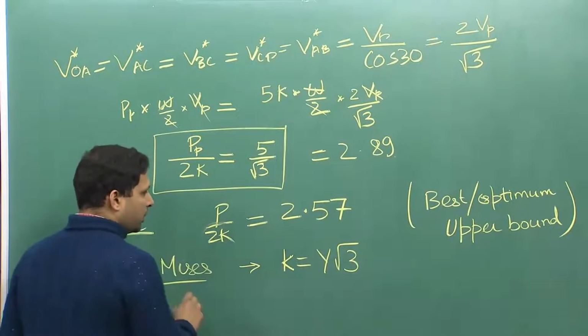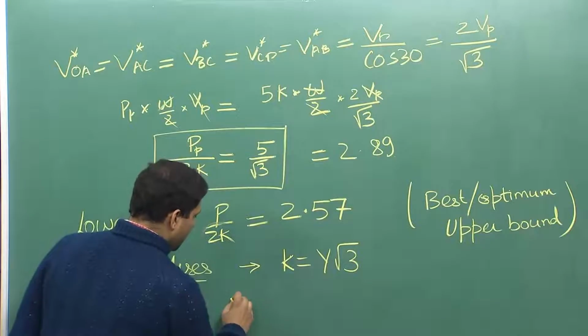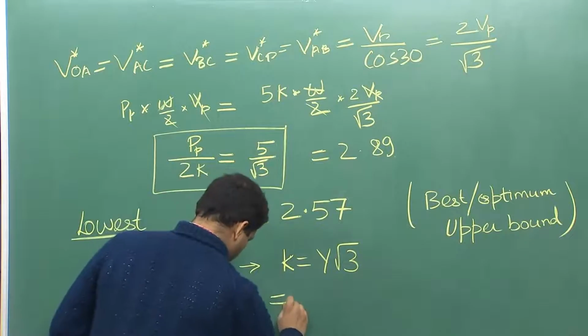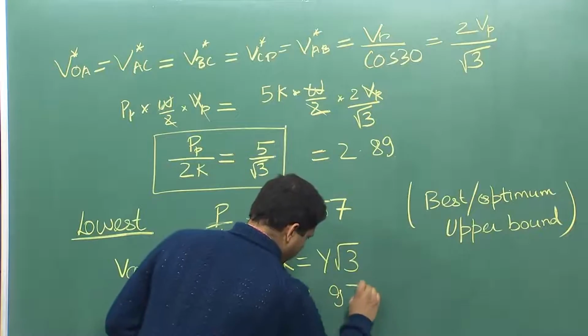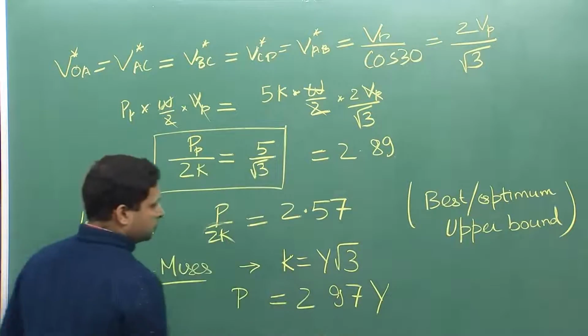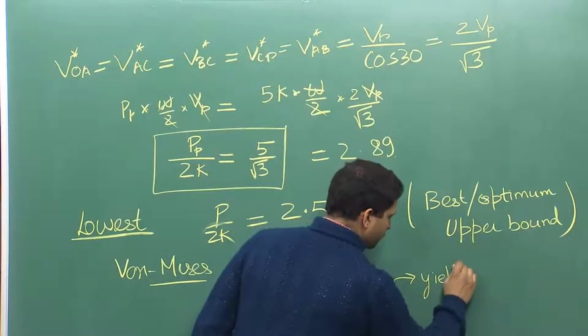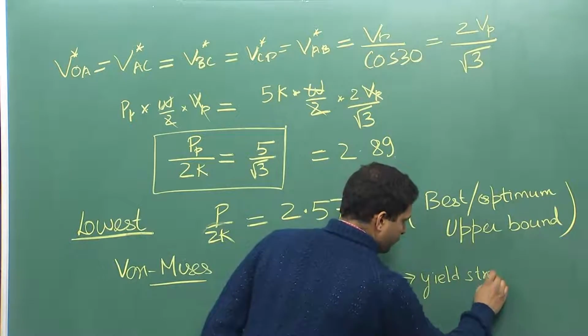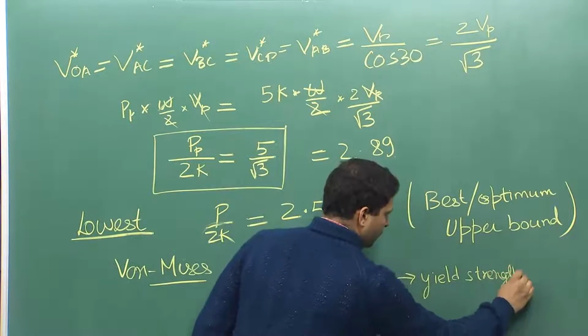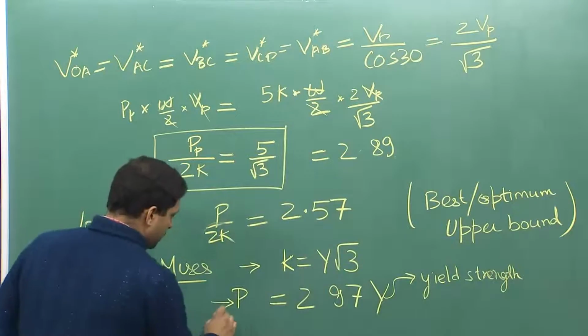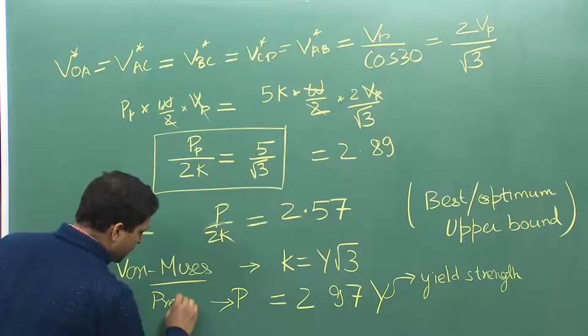So, you put it over here and you get the result. What is Y? Y is, remember, the yield strength of the material. What is P? The pressure required for indentation.